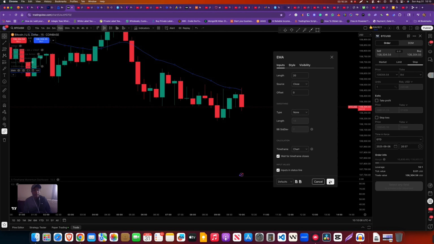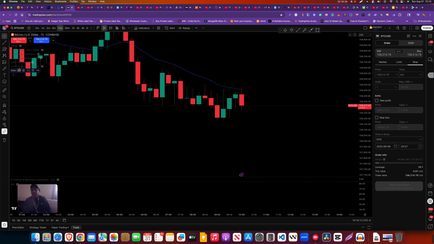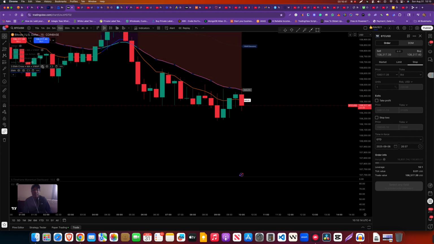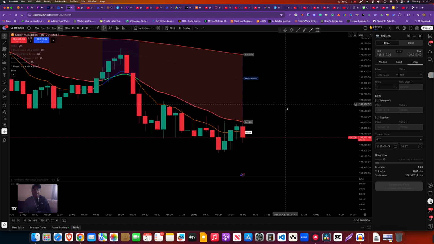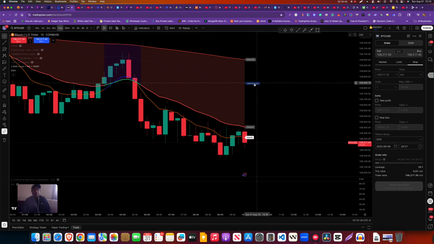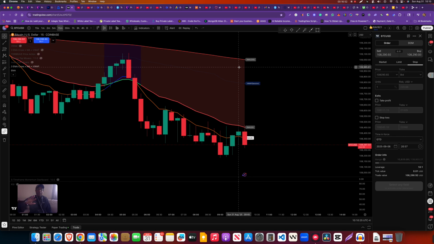Okay, so keeping that in mind, what I did with my indicator, I have the 200. The 200 means what the candles are doing, the average of 200 candles. So it gives me an overall picture of the market.